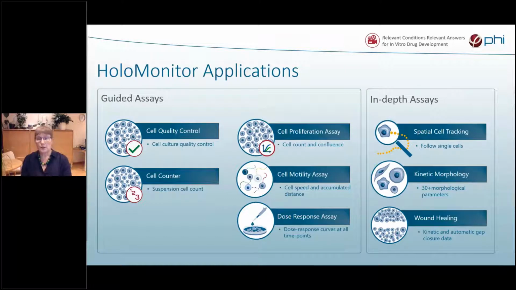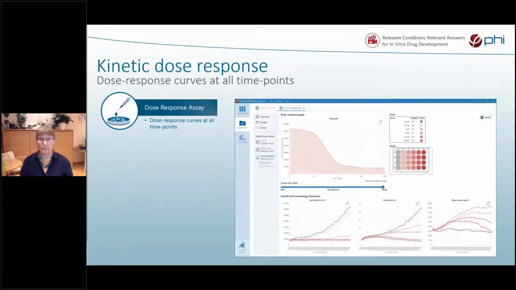For in vitro drug development, I would like to first focus on proliferation and dose response assays. So usually, cytotoxicity assays, dose response assays are endpoint experiments, and they are often performed with indirect methods, such as MTT assays or XTT assays.